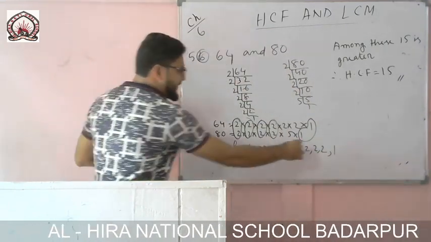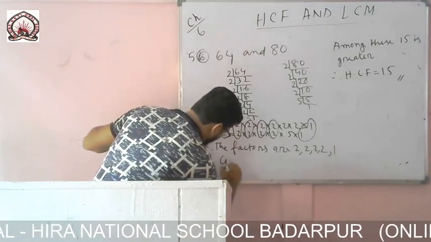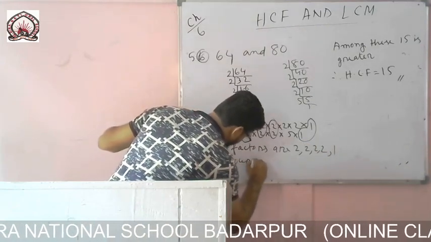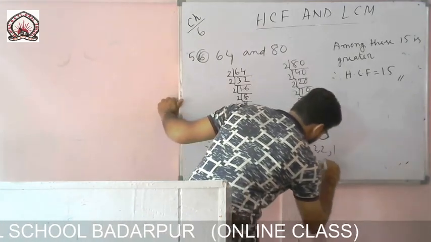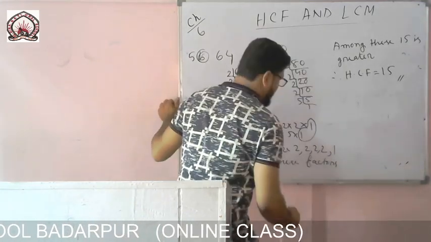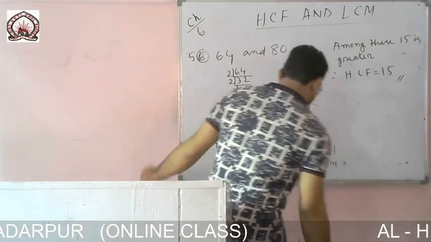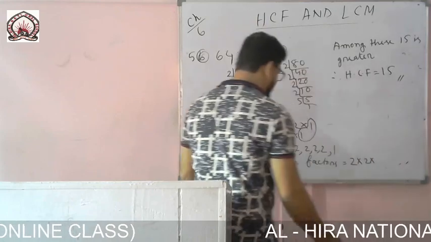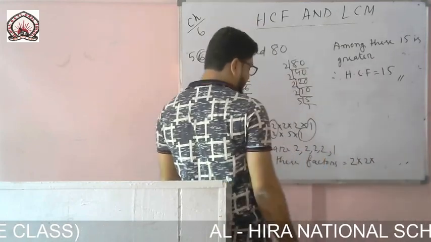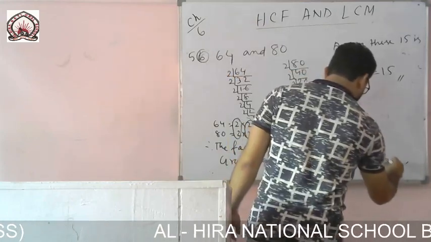Now write, grouping these factors, that means just multiply 2 into 2 into 2 into 2 into 1.